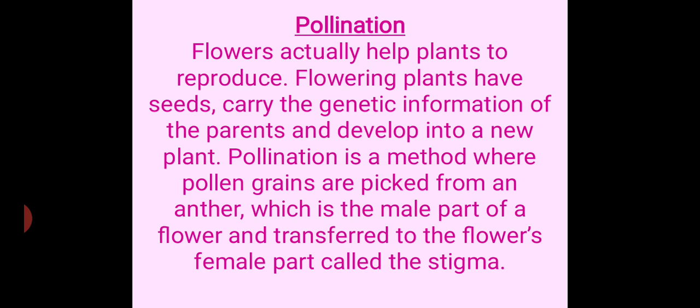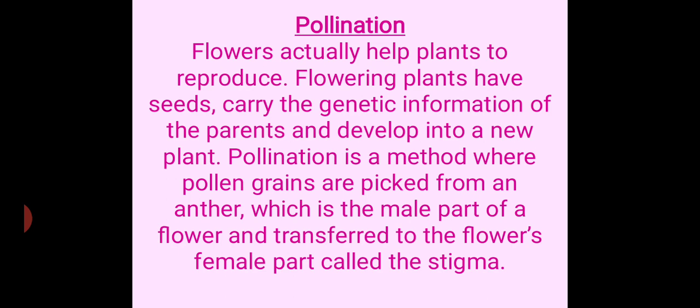Pollination is a method where pollen grains are picked from an anther, which is the male part of a flower, and transferred to the flower's female part called the stigma.